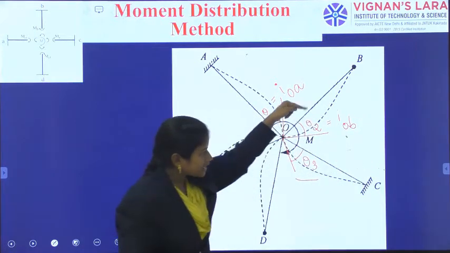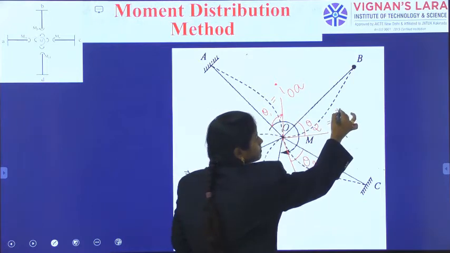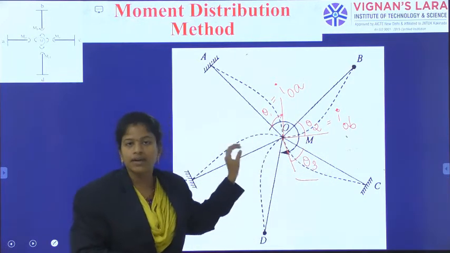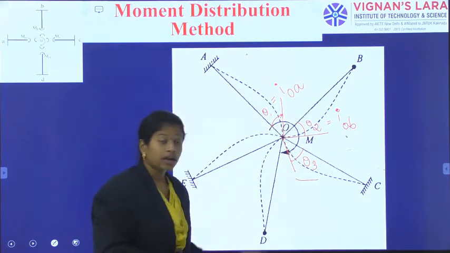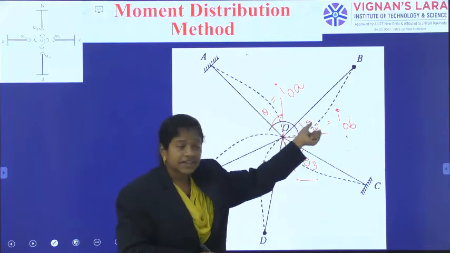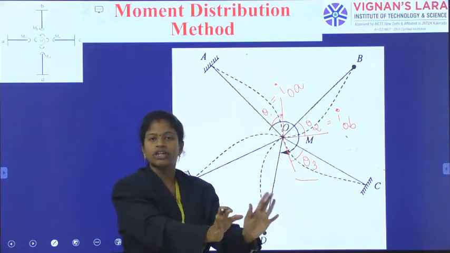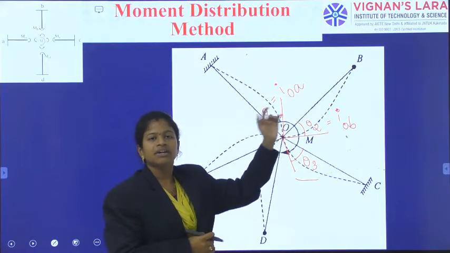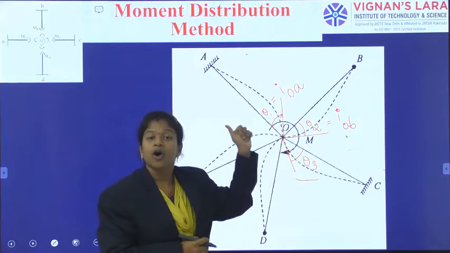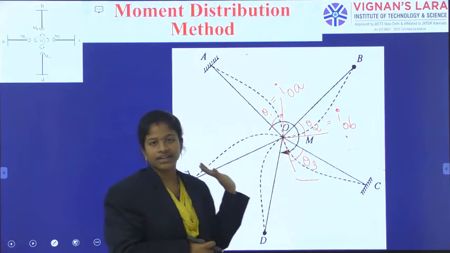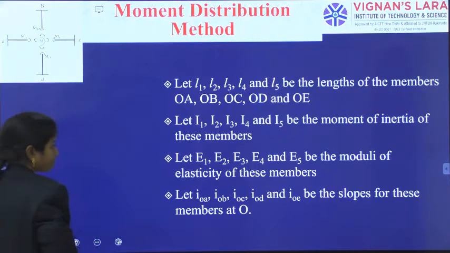In this way, each member is having some slope values, rotation values, and all these values were equal as per the theorem. Okay, and also each member will take some moment as I am applying the whole. I have given this total moment as M. So, how much they can take. Then, how much they will take based on their stiffness proportionally they will take.